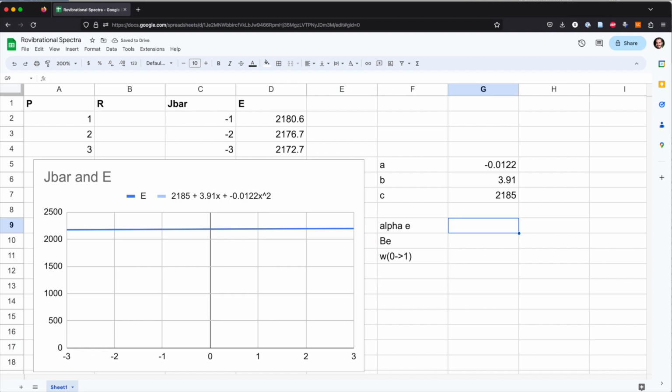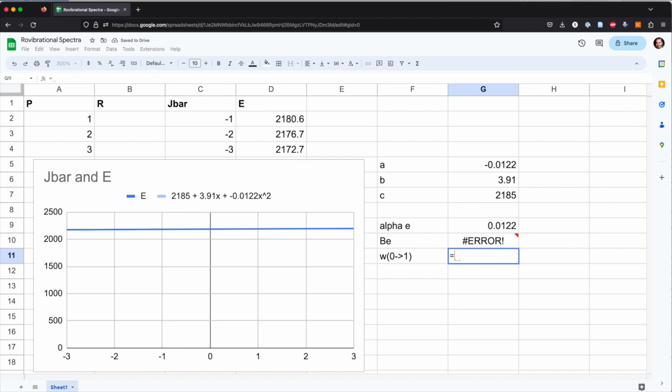Okay, so first off, alpha E is just the negative of this slope, so it's minus this beast. We're not going to accept that autocomplete. And then remember, the x coefficient is 2 times BE minus alpha E. And so if we want to get back BE, what we're going to do is 0.5 times the B coefficient, and then we're going to add on alpha E. Great.